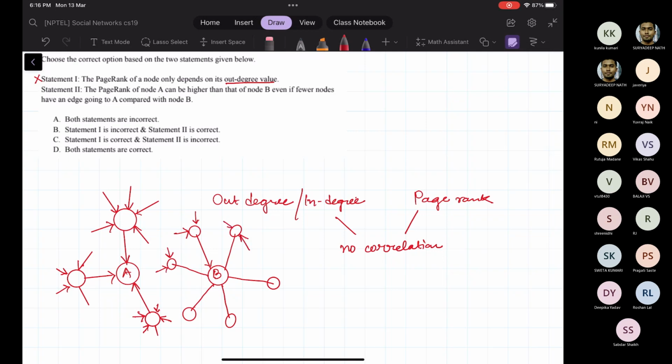In a situation like this, the page rank of A will be greater than page rank of B. So statement 2 can be correct. The right answer is statement 1 is incorrect and statement 2 is correct.